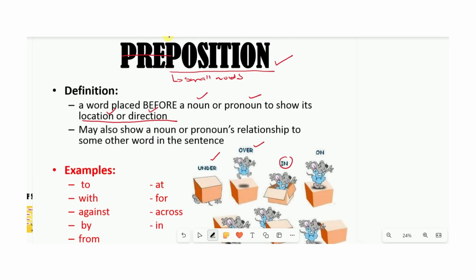Where is my book? It's on the table. The word on gives me the location of the book. And remember that a book is a noun. That is why the definition highlights that it is placed before a noun or a pronoun to show its location or direction. At times you'll be given a sentence where they underline such words that indicate location or direction. Automatically you know that we call them prepositions.